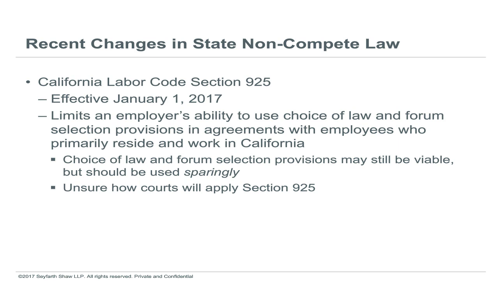Now, there are some workarounds and some exceptions, particularly if the employee is represented by counsel, and particularly if the agreement is not a condition of employment. But this is very significant, and it also applies to arbitration forums, in the sense that you can't specify a non-California arbitration forum either. So this is very significant when you're updating your non-disclosure agreements to make sure you're complying with applicable law as far as choice of law and forum.